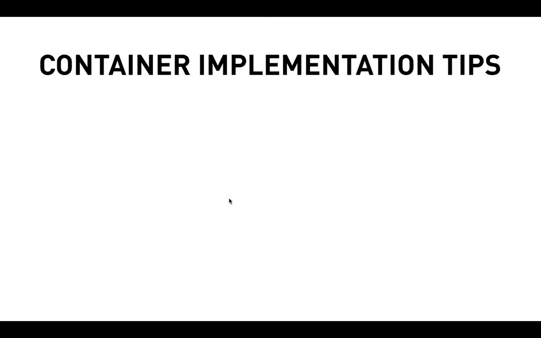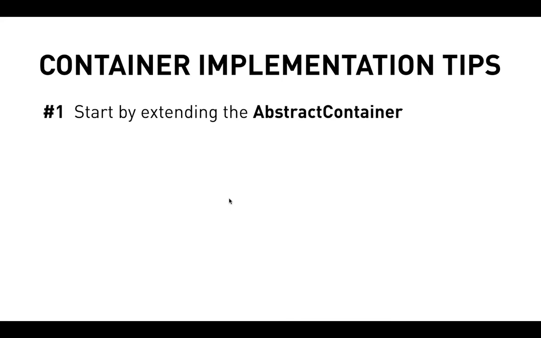Here are a few container implementation tips if you write a container and plan to use it in a Magnolia content app. The first thing you should do is start by extending the AbstractContainer from Vaadin. There's not much in there, but it already handles a listening and notifying mechanism whenever the content in your data source changes, so you don't have to write that again.